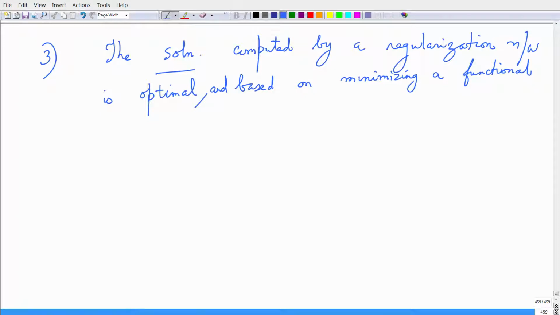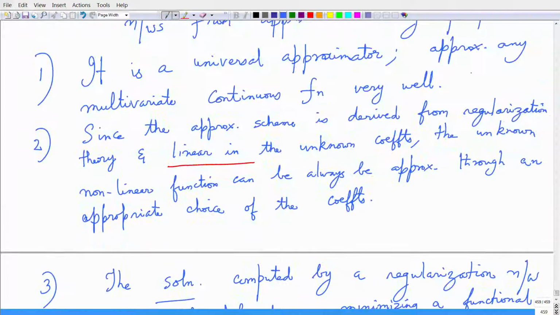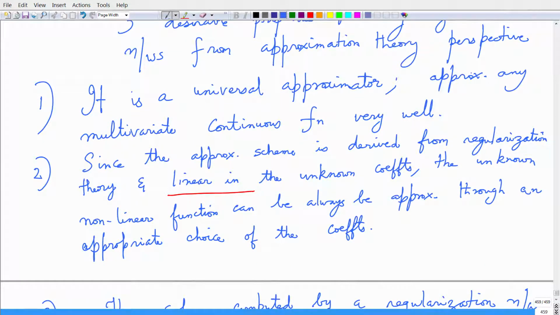Okay. So, I just would recall, one, it is a universal approximator. This is very important, because we saw MLPs as universal approximators. We also saw that RBFs are universal approximators.